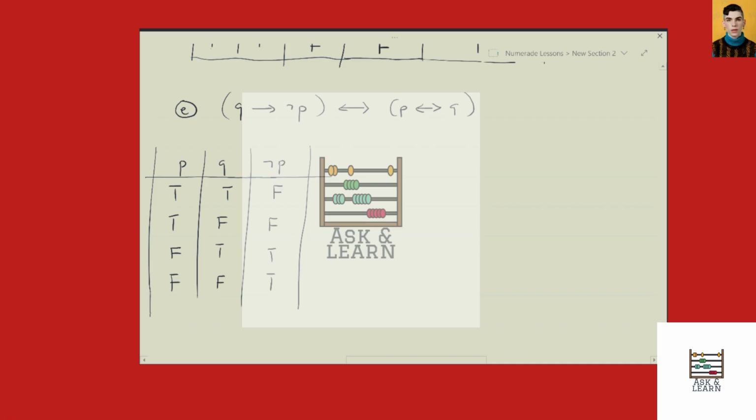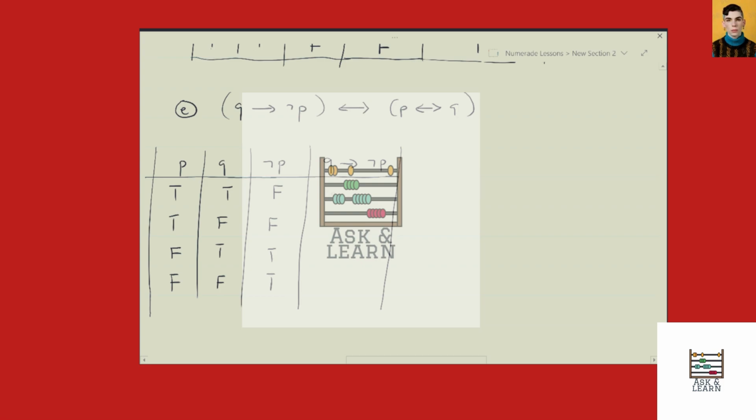So Q implies the negation of P. This should be true, having the same value as this, or they should both be true, or this should be false for it to be true, and otherwise it would be false. So this is true, false.